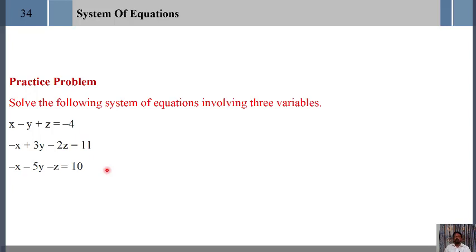Substitute y and z values in any one of these equations, then you can get the value of x. In this way, we can find the values of x, y and z for the given system of equations. These values of x, y, z are called the solution of the given system of equations.